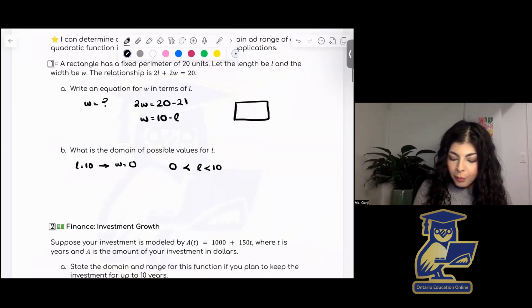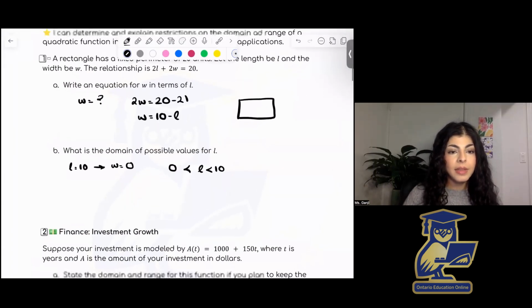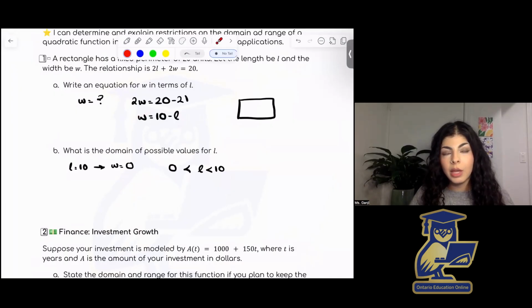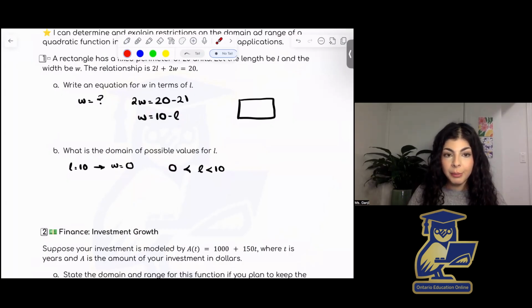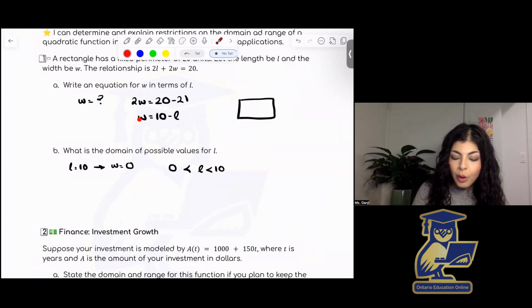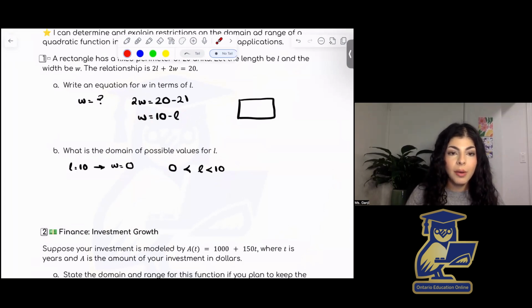So now, just an analysis of that domain word there. So here we have an equation for W written in terms of L. So here I can pick any value of L between 0 and 10 as my independent variable, and W will depend on whatever I chose for L. So that's why I use domain here.